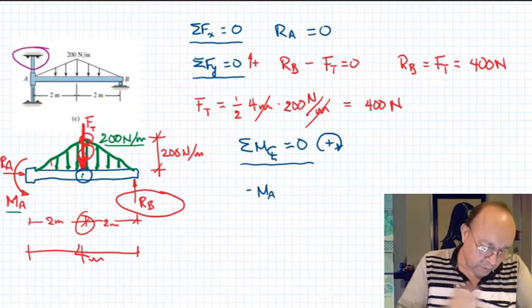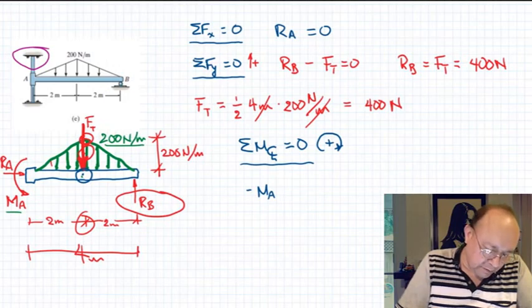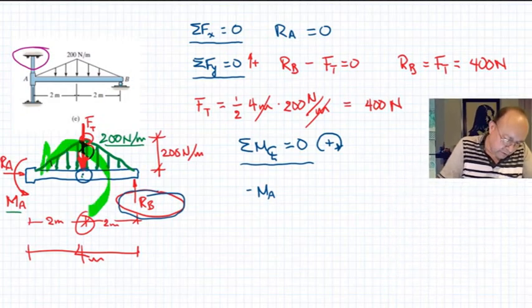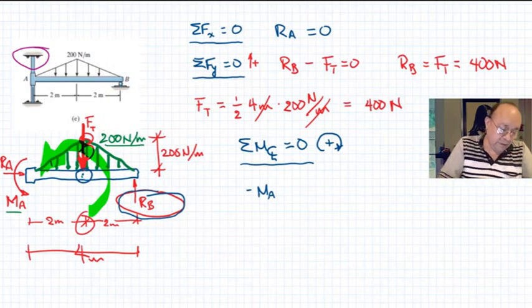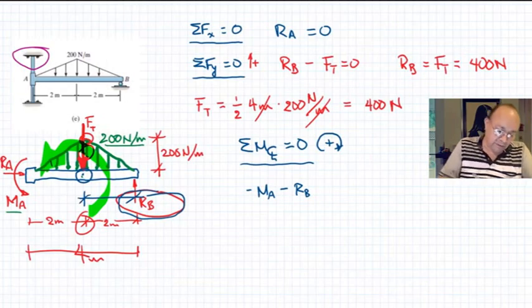Now the moment produced by the reaction RB is in this direction with respect to the center of the beam, so that will be negative also. RB times 2 meters, this is the distance in order to calculate moments, 2 meters.